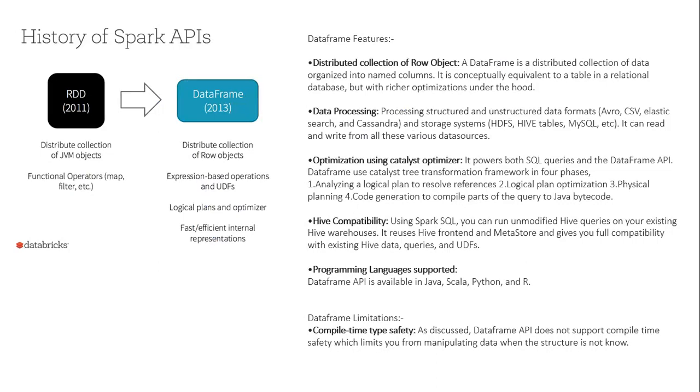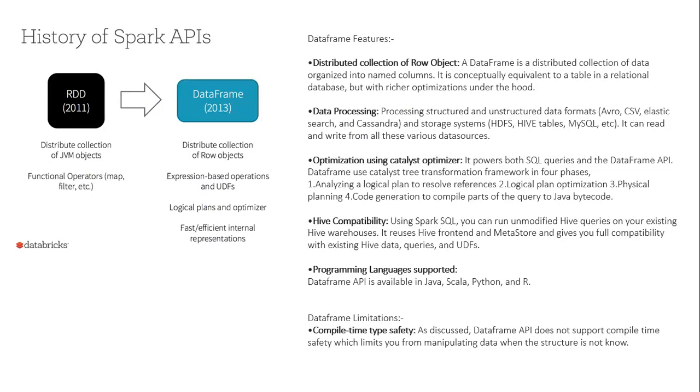So you should try this out. When you create a data frame, let's say you have a data frame called data, then type in data.printSchema. It will give you the schema of the data that it has read in. And now it's as if you are working with a SQL table.